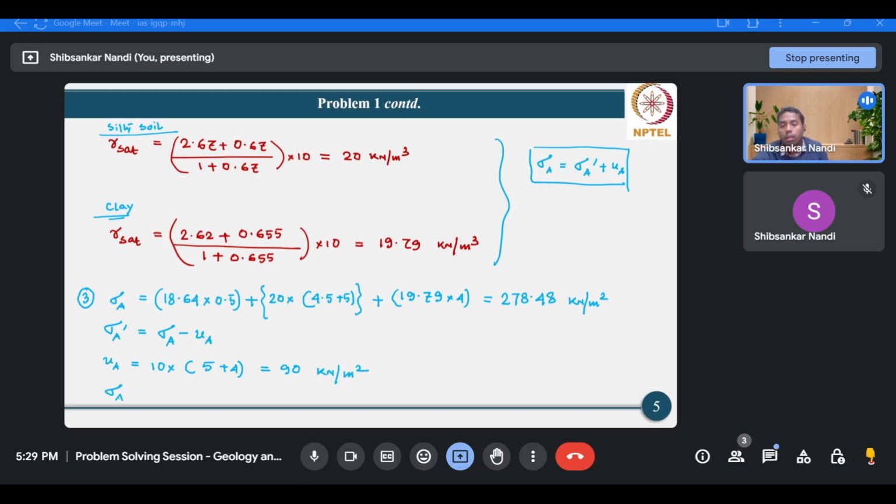Therefore, sigma A prime would be 278.48 minus 90, so it would be 188.48 kPa or kilonewton per meter square.